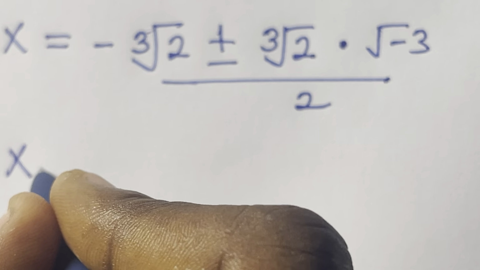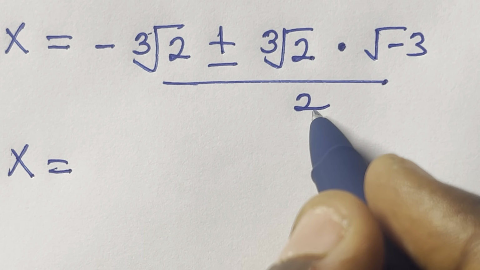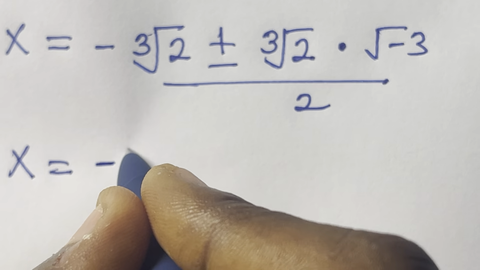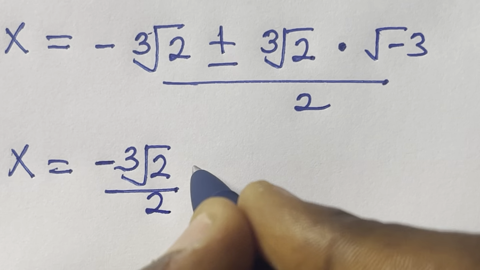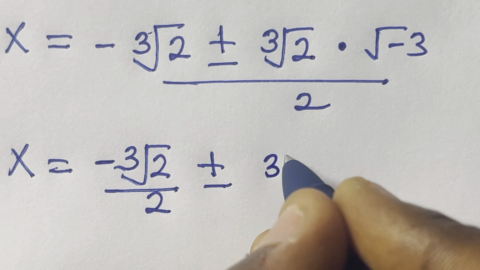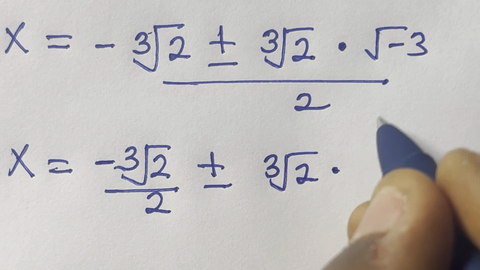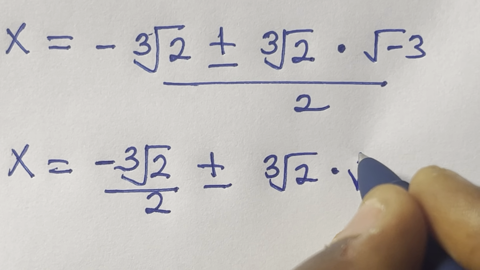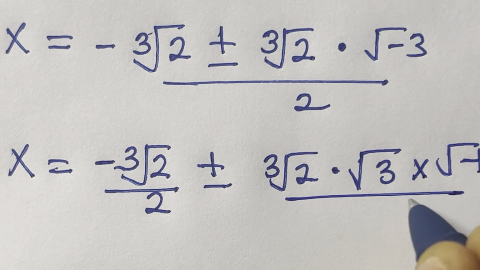So we have x equals, let's divide each of these by 2. So we have minus cube root of 2 divided by 2 plus or minus cube root of 2 multiplied by square root of 3 times square root of minus 1, divided by 2.